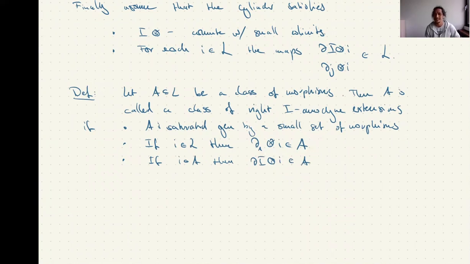And right, so that's the idea, to get this covariant or contravariant dependency on the cylinder. If we would have included, say, delta 0, so the other endpoint of the cylinder, then we would have called this left anodyne. So let's just write this down.